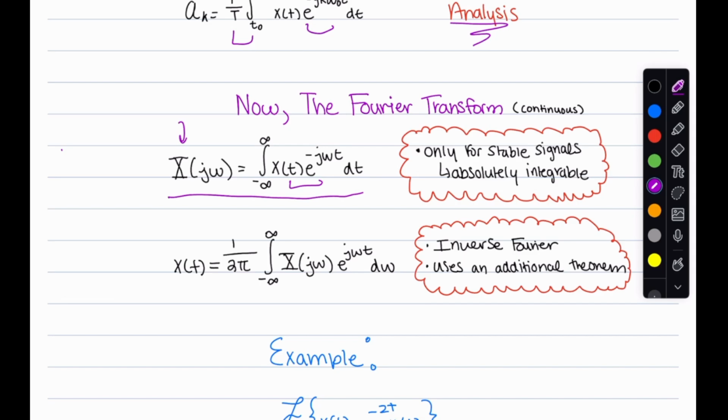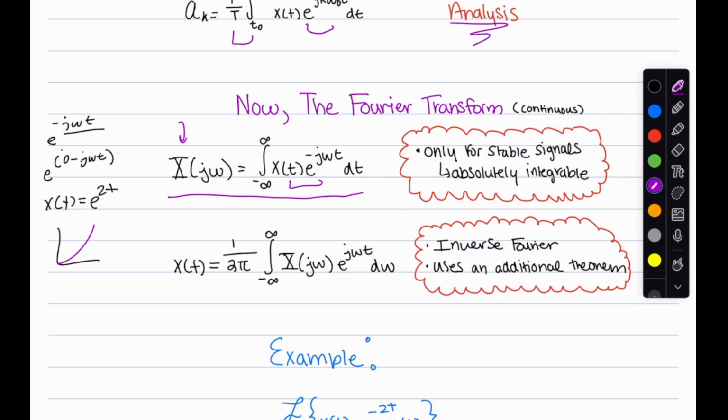As we can see here, our complex exponential term only contains a complex part. So effectively, it's e to the 0 minus j omega t. And that's important because let's say x of t is an unbounded function. Let's say x of t equals e to the 2t. It's increasing exponentially.